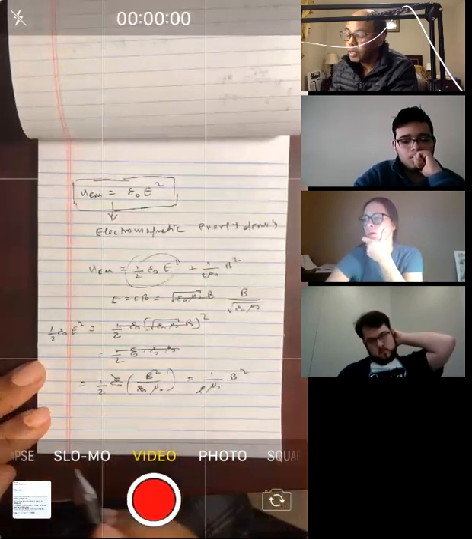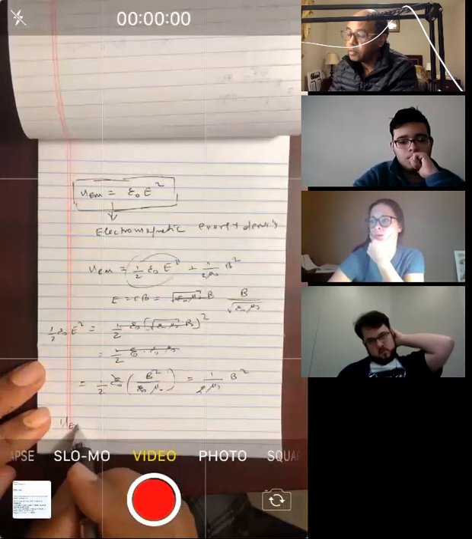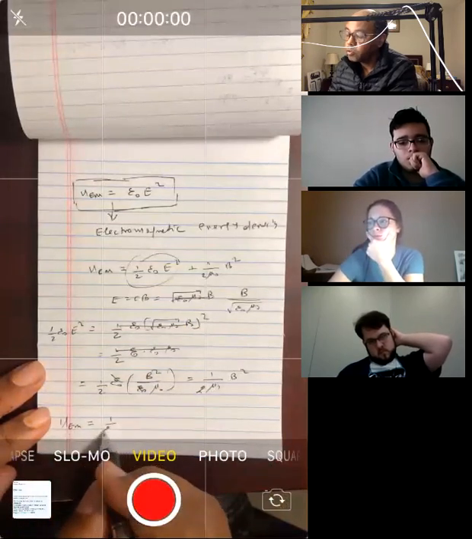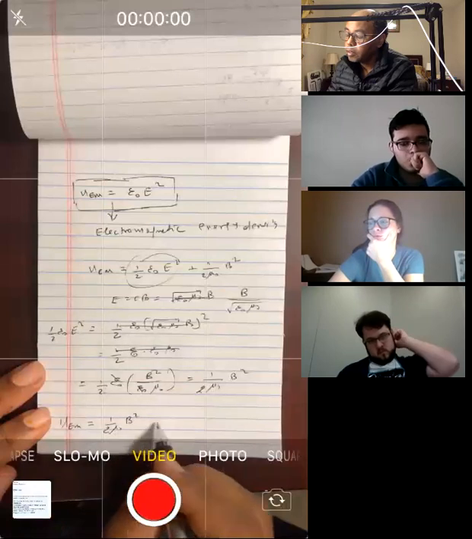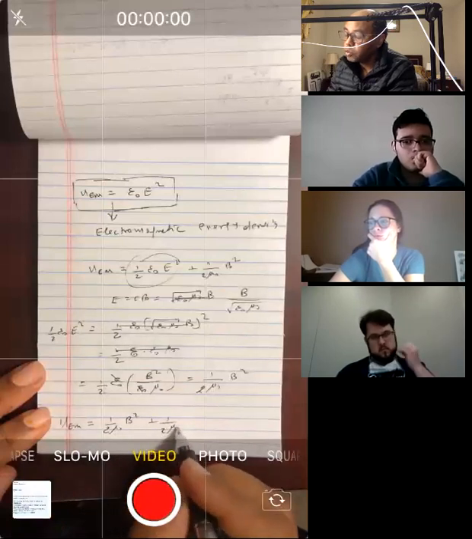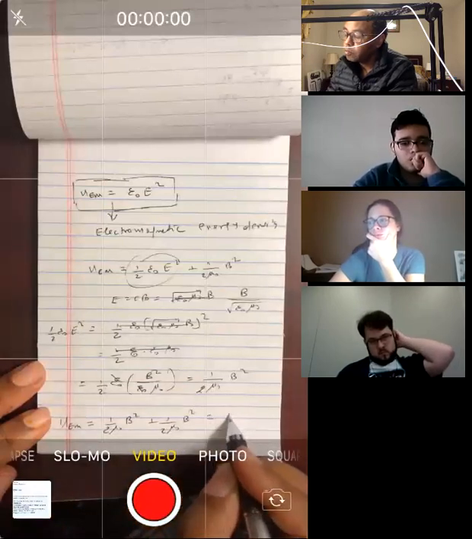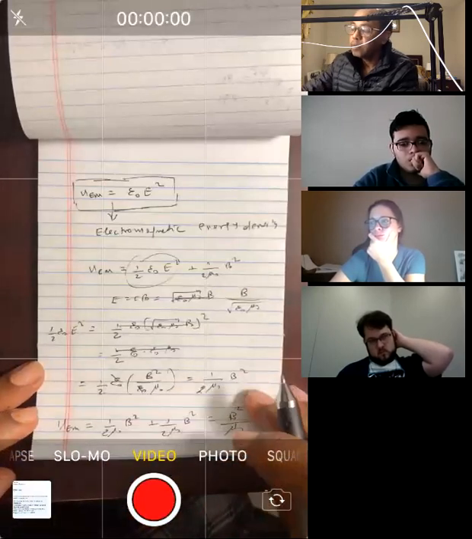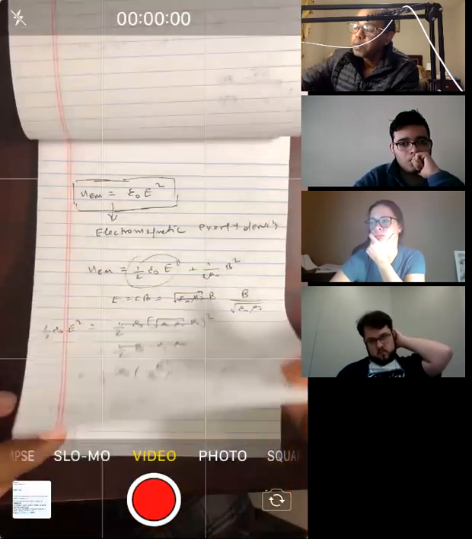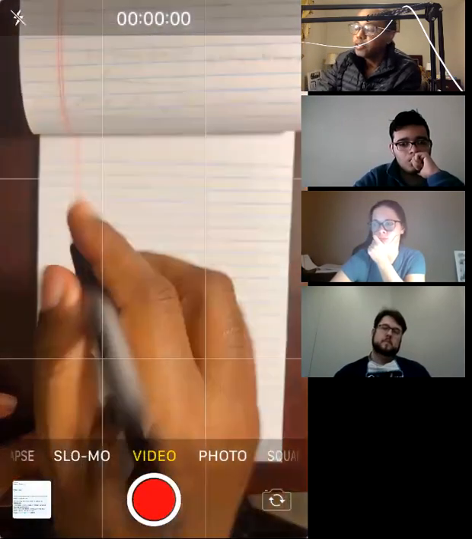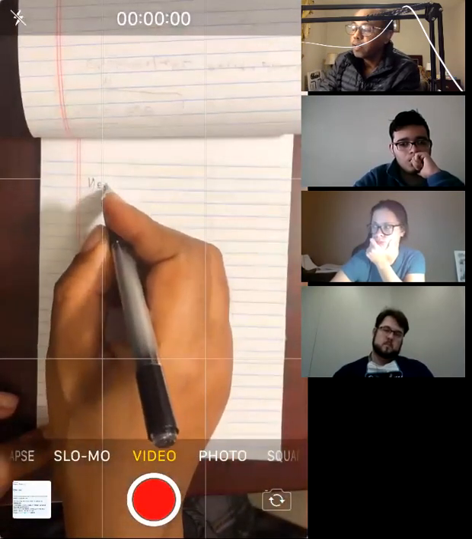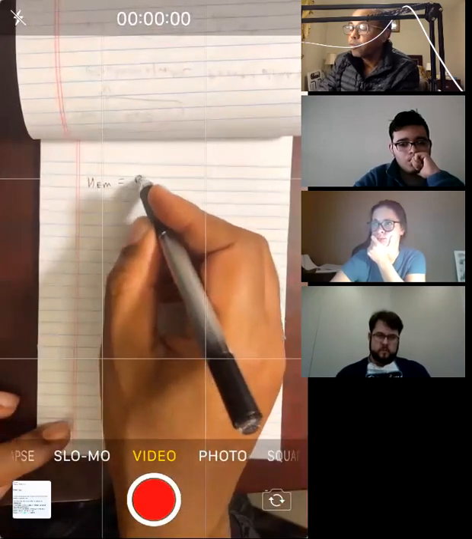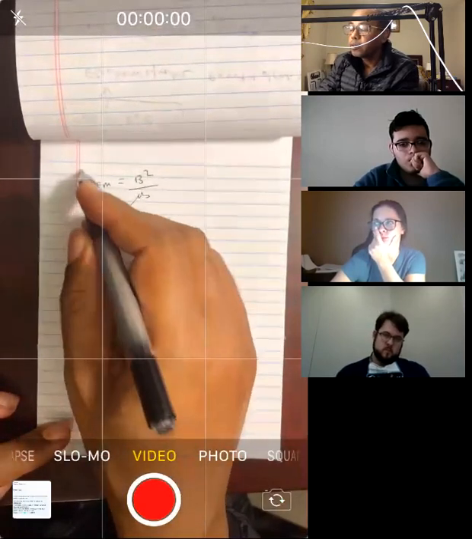Okay, so what do you get? The electromagnetic energy density is the same thing: 1 over 2 mu naught B squared plus 1 over 2 mu naught B squared. You just get B squared over mu naught. So the other expression for the electromagnetic energy density is the square of the magnetic field divided by mu naught.